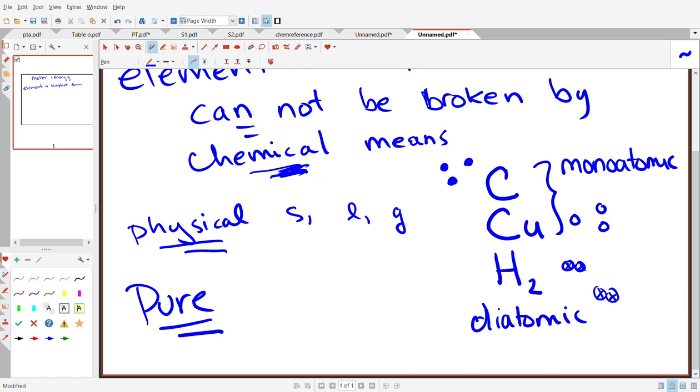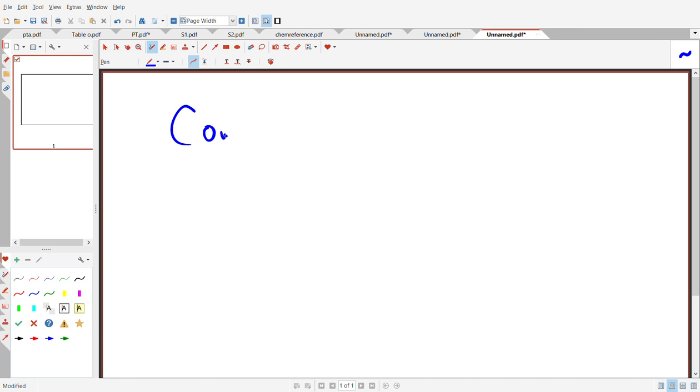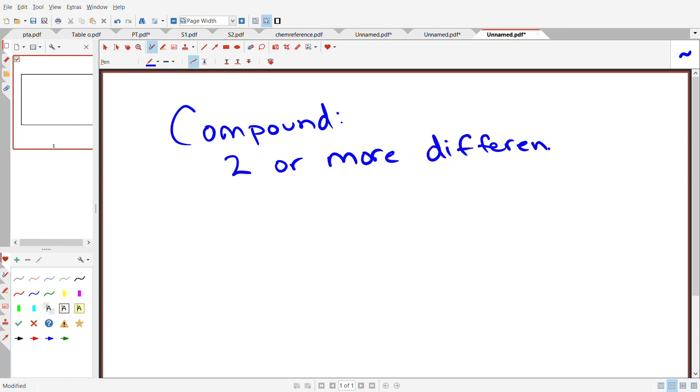Now, if we talk about a compound, it is made up of 2 or more different, that's the key word, different elements. And I say C for compound is C for chemically combined.